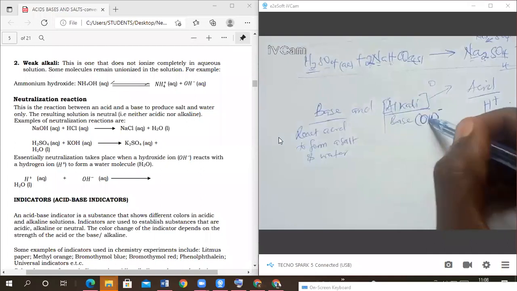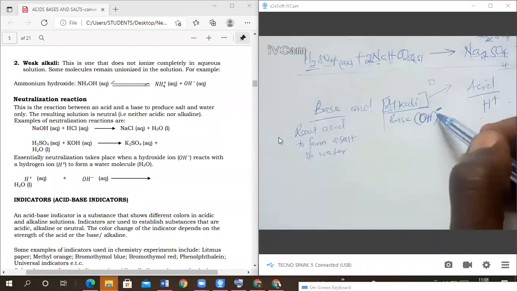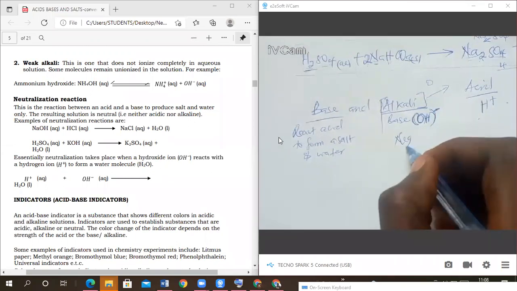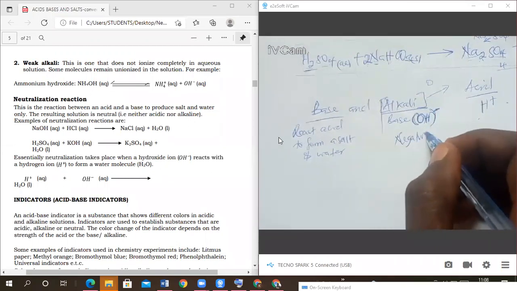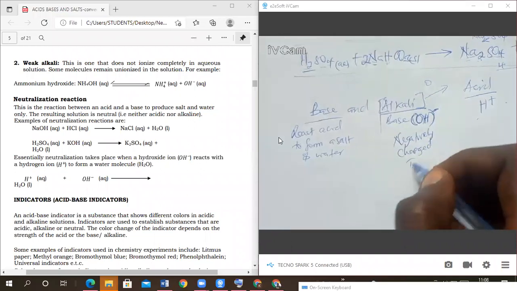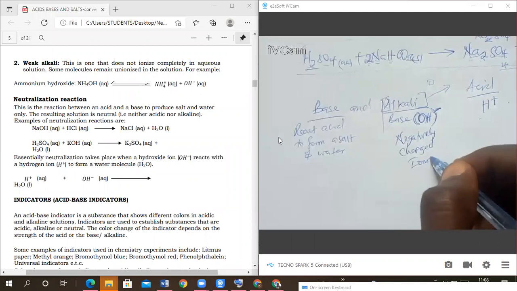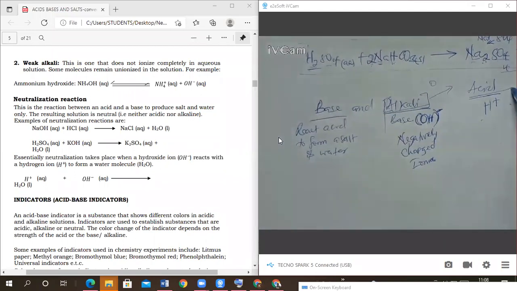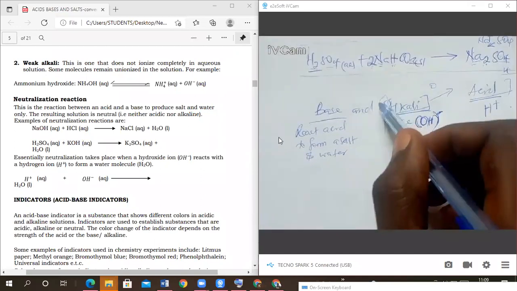This is OH, all of them -1. It only produces the hydroxide ion as the only negatively charged ion. The reason why we use a base and an acid is in the preparation of certain salts.